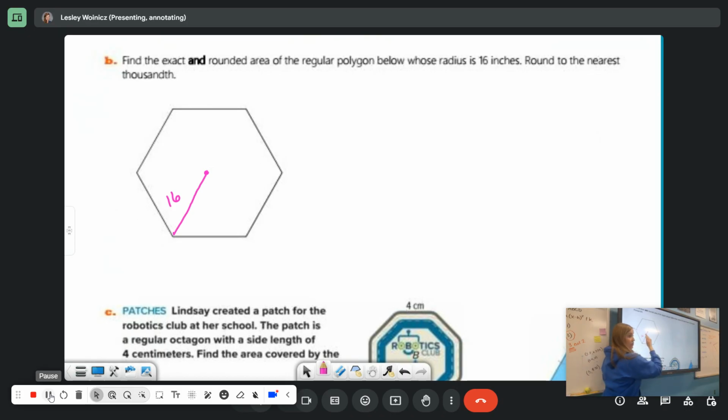Okay, now I'm going to chop into my 6 triangles. I'm going to drop my perpendicular bisector apothem. Where it gets fun, because I need to know the apothem and the side length if I'm going to use my formula. So, do you see?